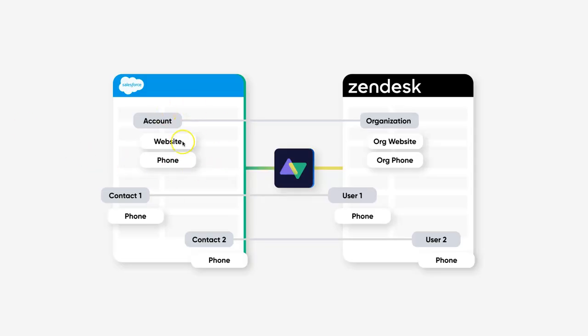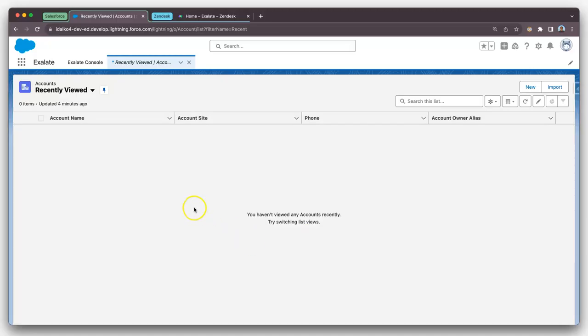You could have many accounts created with many contact associations, and those associations between organization and user would be reflected on the Zendesk side. Now, the way we've set this up is at the moment a one-way sync. So anything updated on Salesforce in the accounts and contacts will reflect on the Zendesk organizations and users. We'd have it both ways, but this is how the use case is set up.